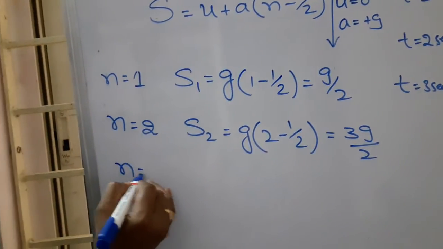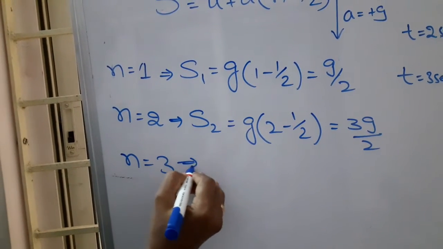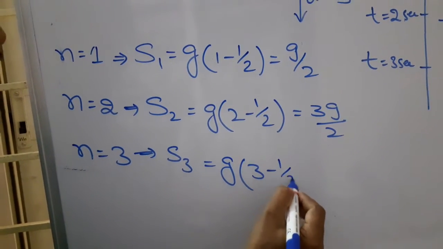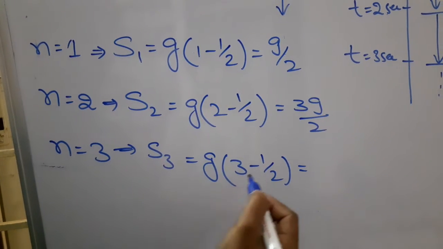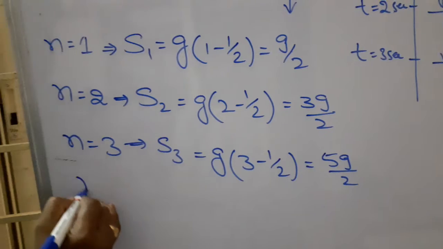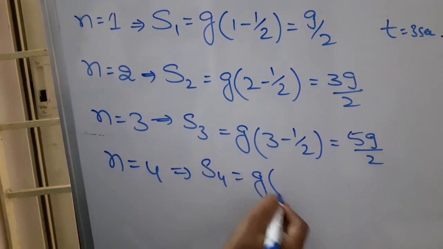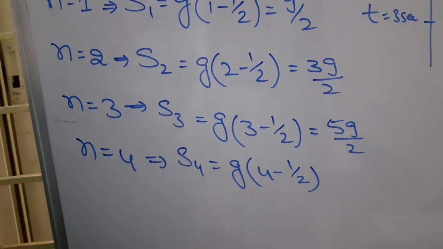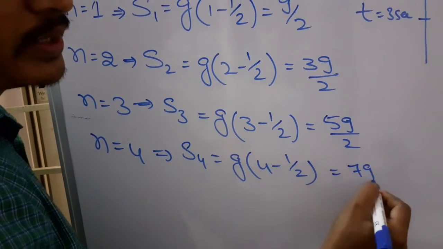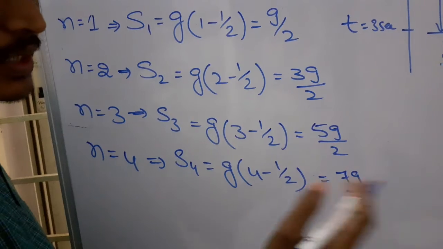Next, n is equal to 3 seconds, then S3 is equal to g into (3 minus 1) by 2, 3 into 2 is 6, 6 minus 1 is 5, so 5g by 2. Next, n is equal to 4, S4 is equal to g into (4 minus 1) by 2, that is 7g by 2. Next, 9g by 2, 11g by 2, and so on.